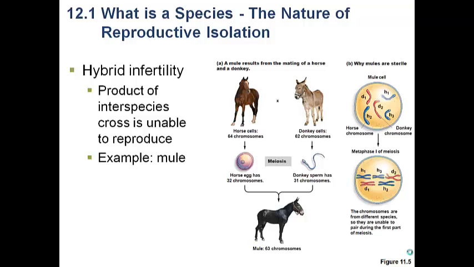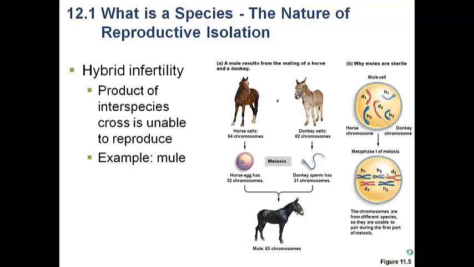If you think back to our discussion of meiosis in this class, you realize that at meiosis all the chromosomes have to line up in pairs in order to produce viable gametes. In other words, eggs and sperm that can go out and make offspring. The mule has an odd chromosome. All the chromosomes arrange themselves into pairs except for one oddball that doesn't have a partner.